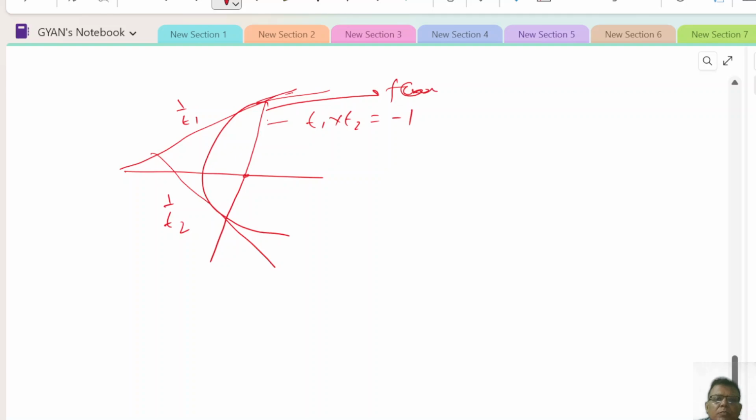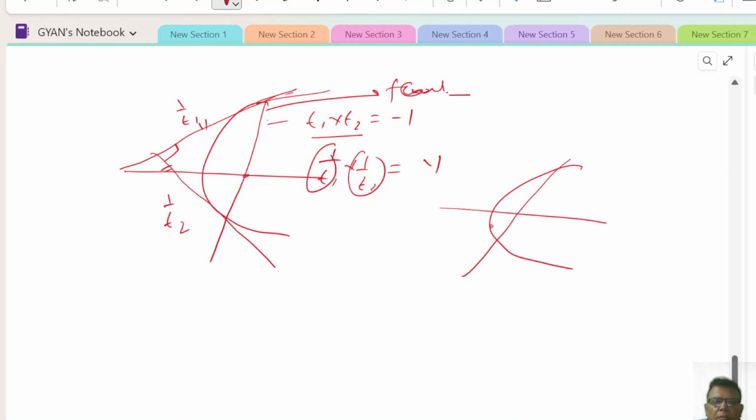So that means 1 by T1 into 1 by T2 will also be minus 1, and this is nothing but slope. So this will be 90 degree. So now the conclusion is that for any focal chord, their tangents will make 90 degree. This is the geometry and some more formulas.